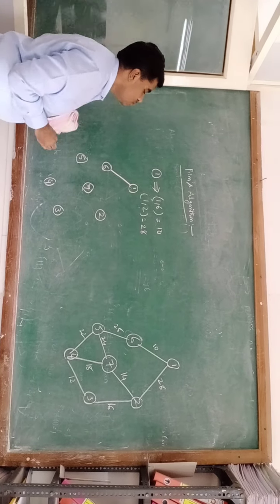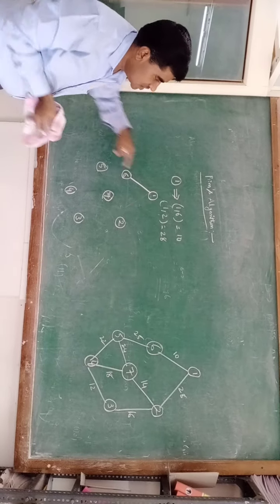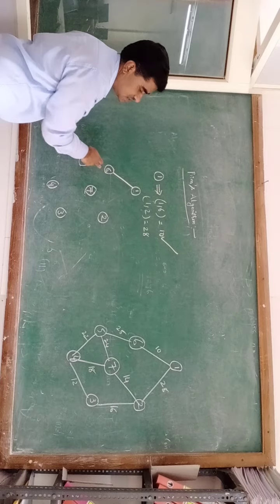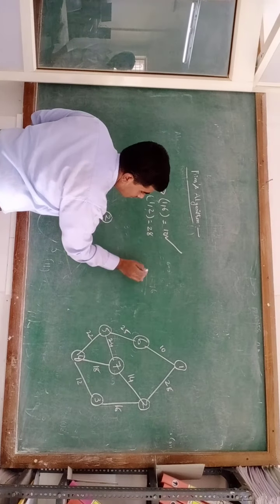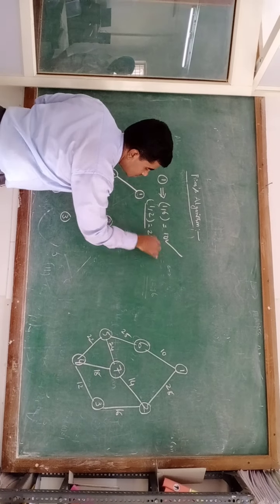Now 2 vertices are visited in the spanning tree. What are those 2 vertices? Vertex 1 and vertex 6. For vertex 1, the corresponding edge is 1 to 2, 28.